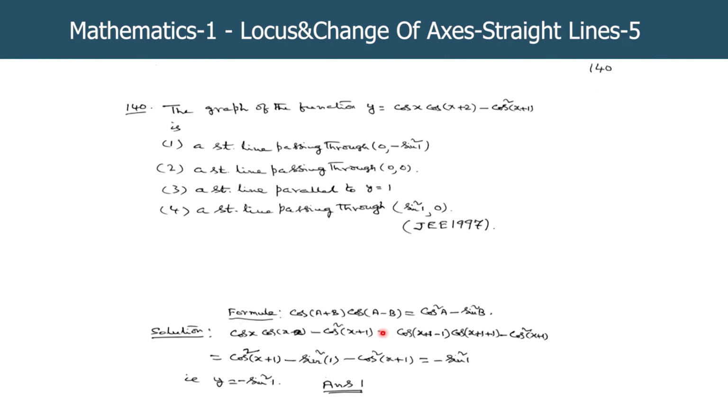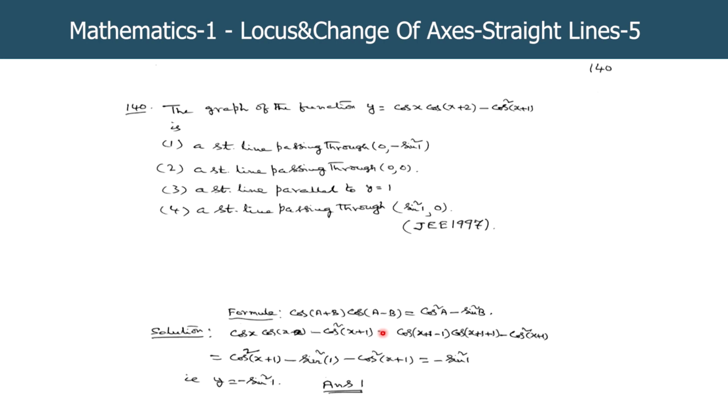If you use that and write sin square a is equal to 1 minus cos square a and sin square b is 1 minus cos square b, using that you will get cos square a minus sin square b. So cos a plus b into cos a minus b is always cos square a minus sin square b or cos square b minus sin square a.